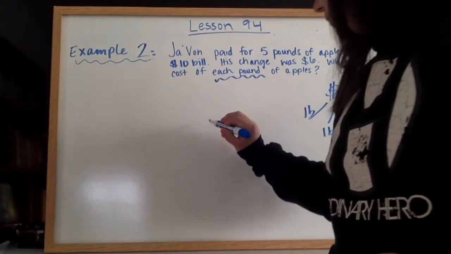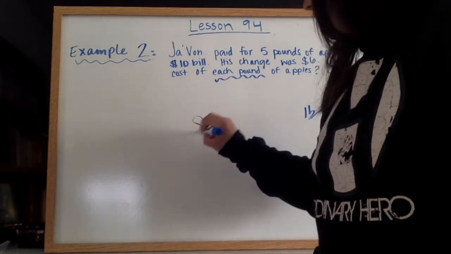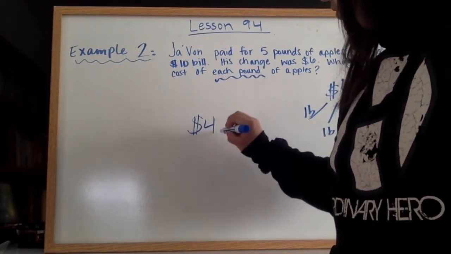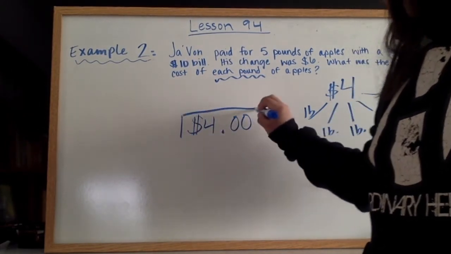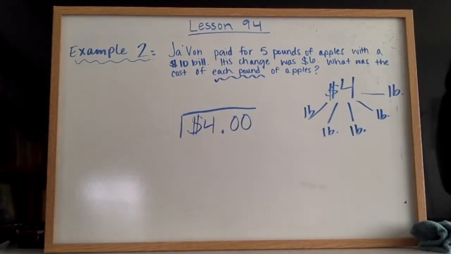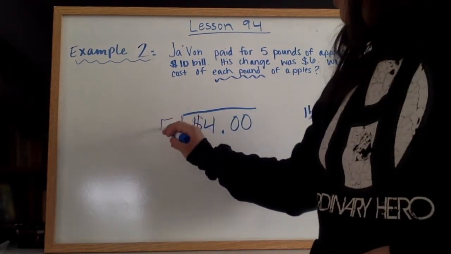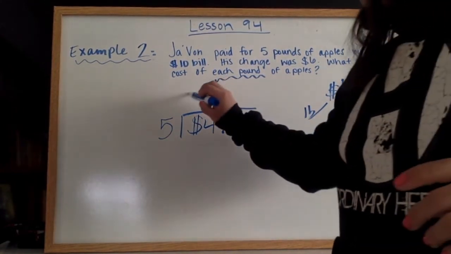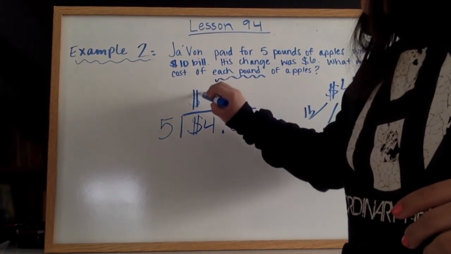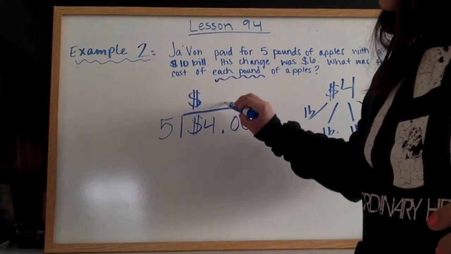So I'm going to take my $4 and we are splitting or dividing into 5 parts since there were 5 pounds of apples. First thing I like to do is put my label and my decimal point.